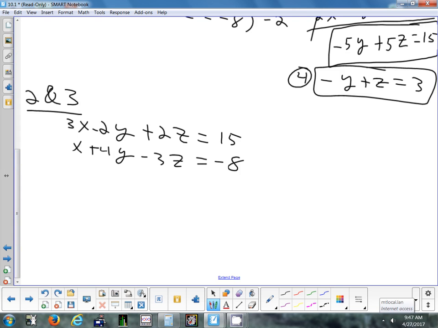What could we multiply the bottom by to get rid of the x's? Yep, -3. So keep the top the same. 3x minus 2y plus 2z equals 15. And what does the bottom become? -3x. Yep, minus 12y.